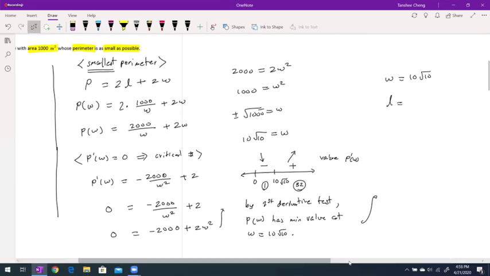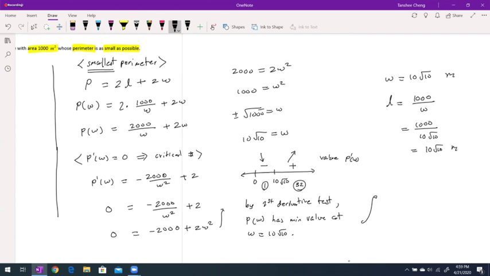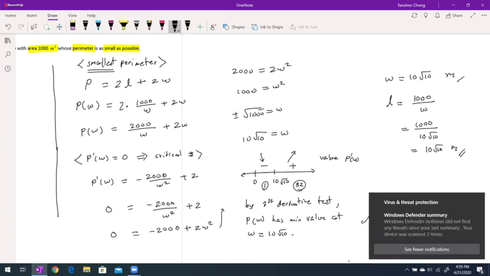My length is 1,000 divided by the width, which is 1,000 divided by 10 square root of 10, and that will also give you 10 square root of 10. Both of them are in meters, so this will be my final answer, the dimensions.